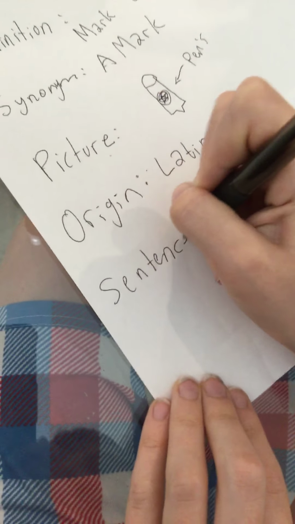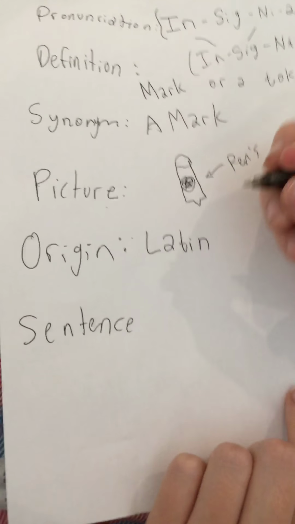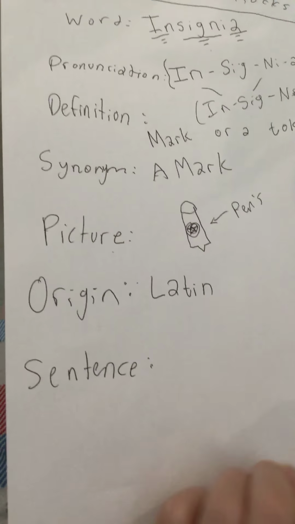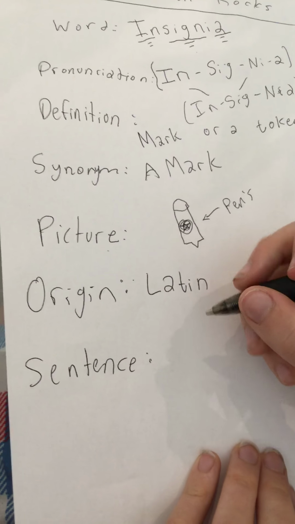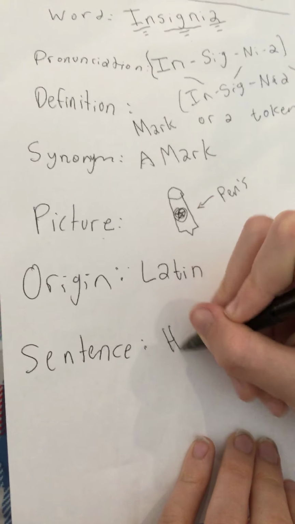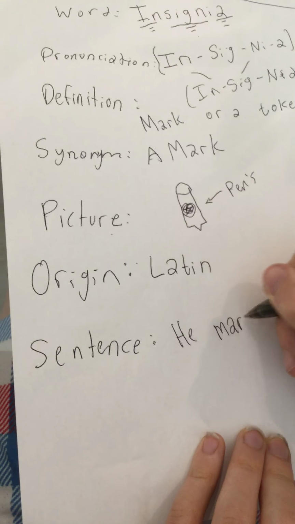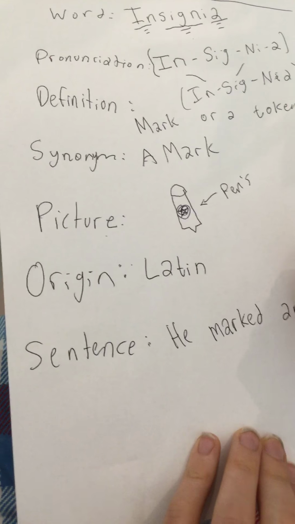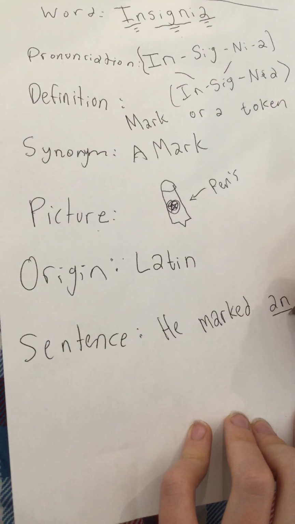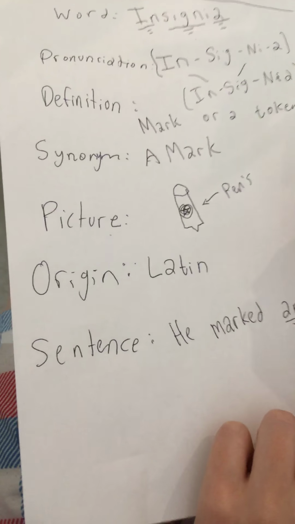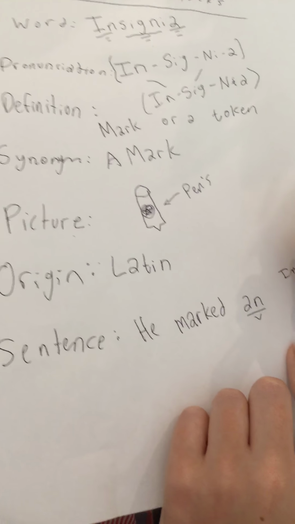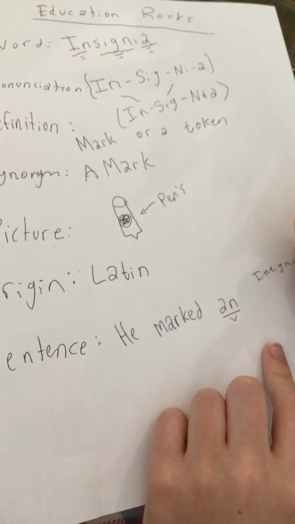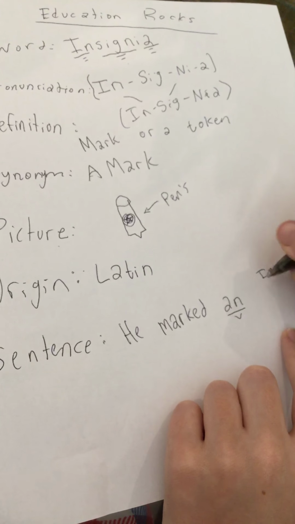I forgot sentence. So the sentence would be, he marked, and remember we put an, because this insignia starts with a vowel.